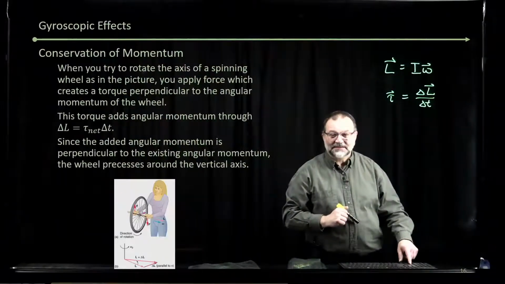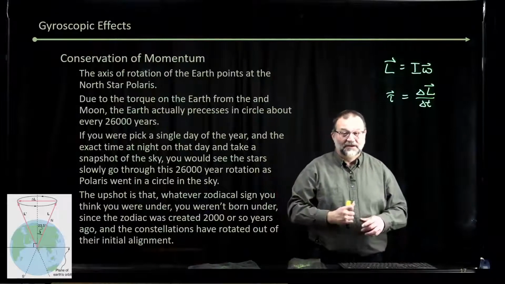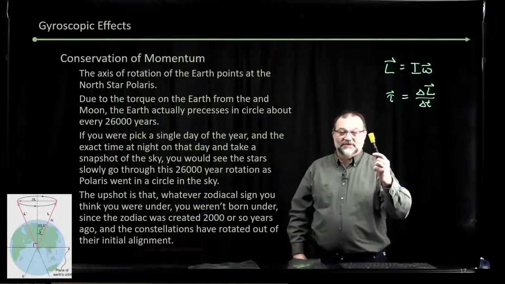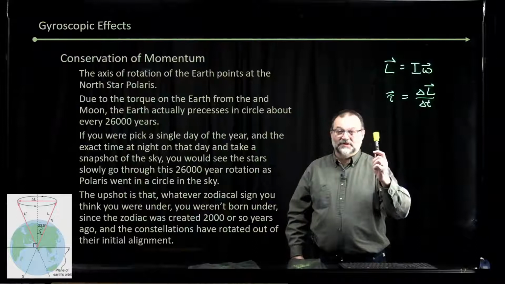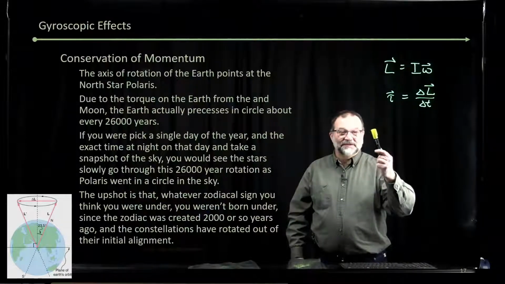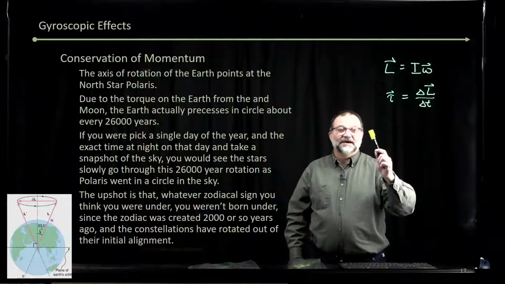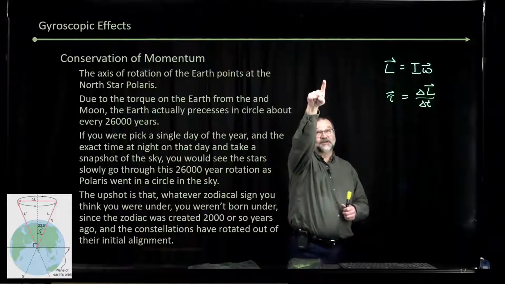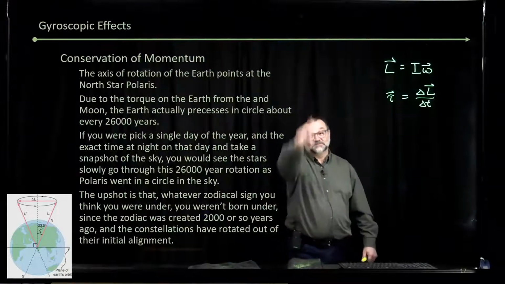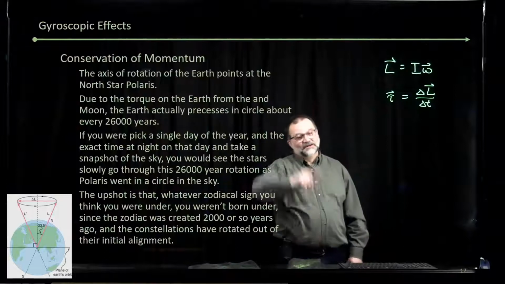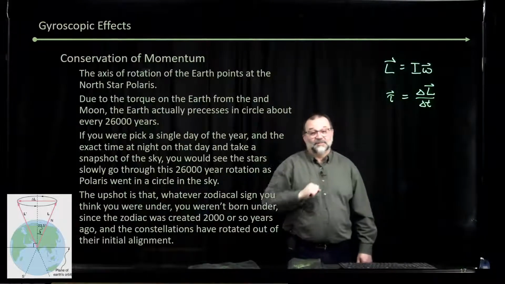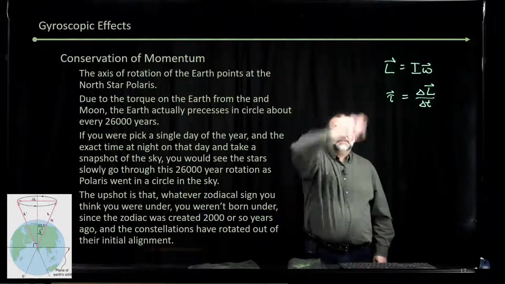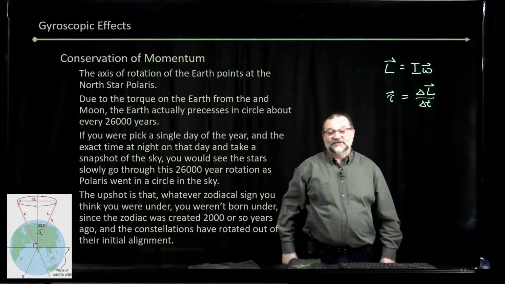Where do we see this in life in a different way? Well, it turns out over 26,000 years, the Earth does this. It slowly spins around so that if you were to look at Polaris, from my view, right there, not that it makes any difference where you're watching, but if you're on campus coming out of the Union, Polaris is right there, whether it's day or night.